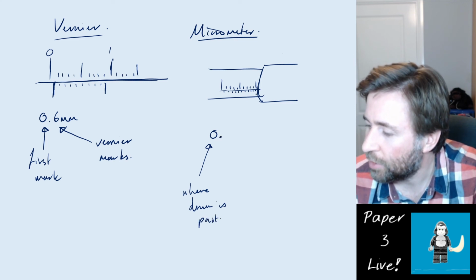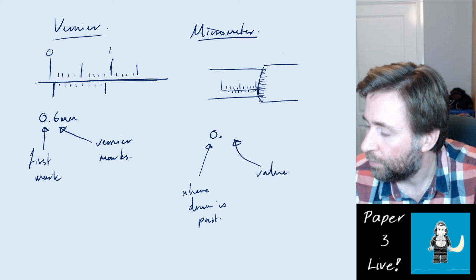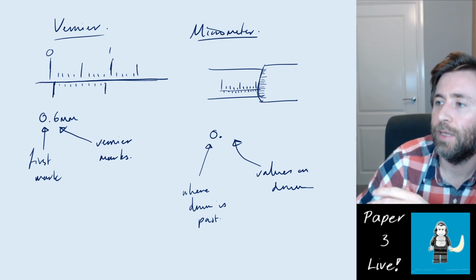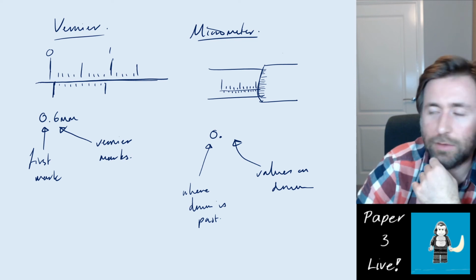And then your decimal comes from the values on the drum. Now, the values on the drum only go up to 50, so that's why you have to have the half millimeter markings on the bottom.